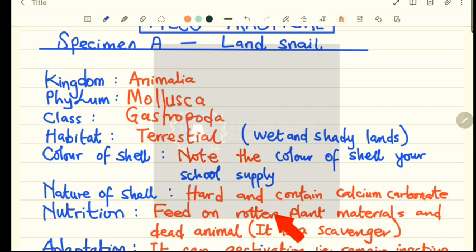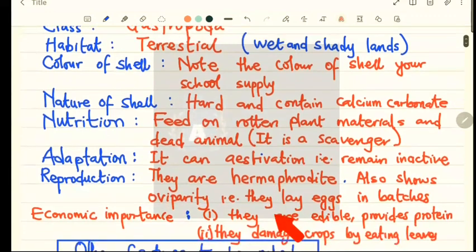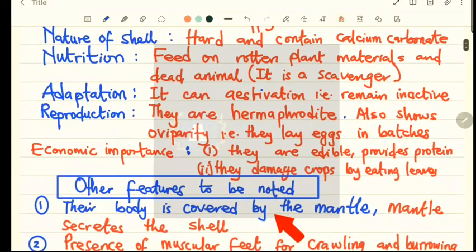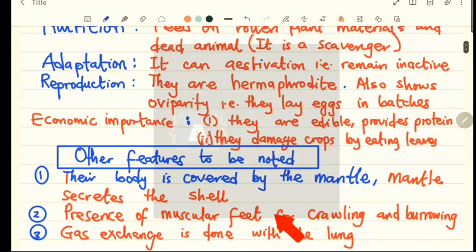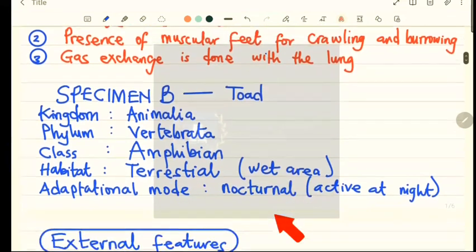Then we ask you to know the color of the snail provided by your examiner in school, so that will determine what you're going to write there. So with these points, I believe you should be able to tackle any question asked on land snail.